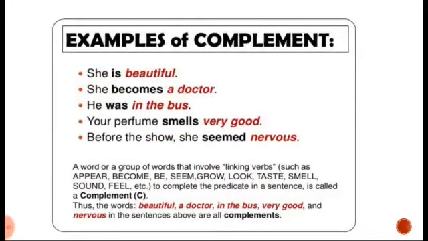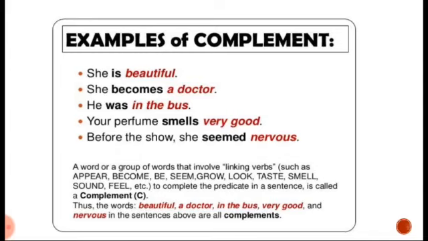See some more examples of complement. She is beautiful. So here is is the verb and beautiful is the complement. She becomes a doctor. So she is the subject, becomes is the verb, a doctor is the complement. He was in the bus. So he is the subject, was is the verb, in the bus is the complement. Your perfume smells very good.